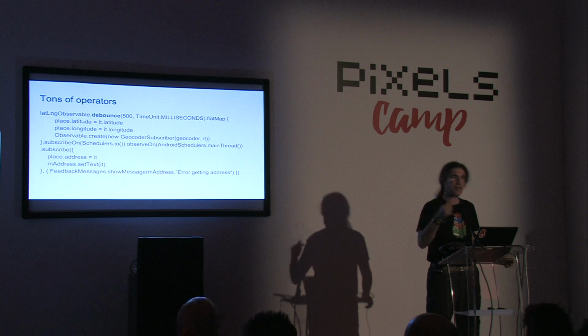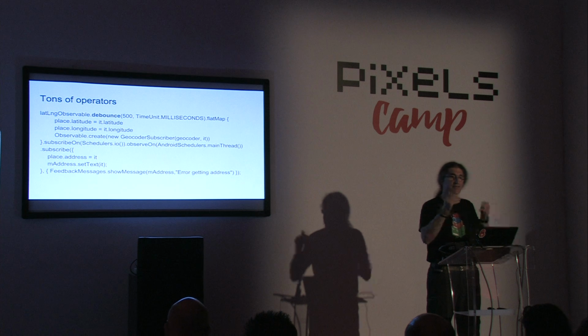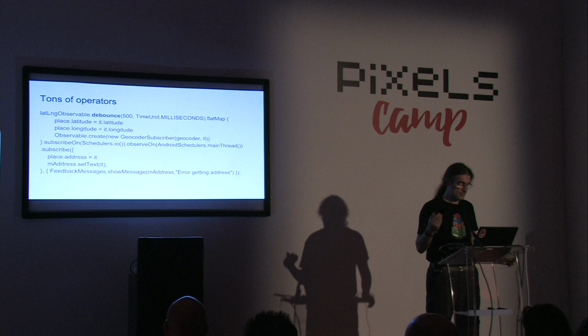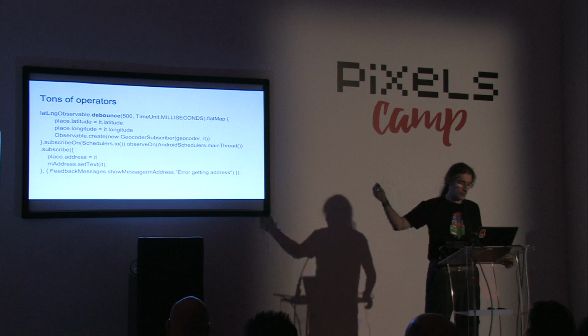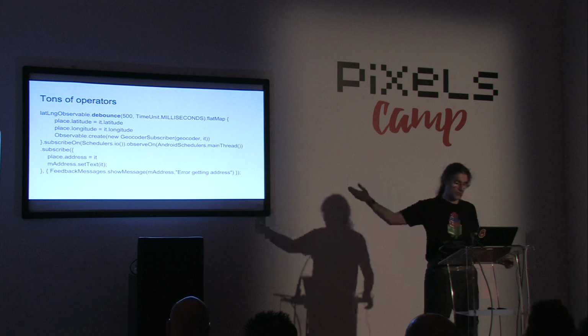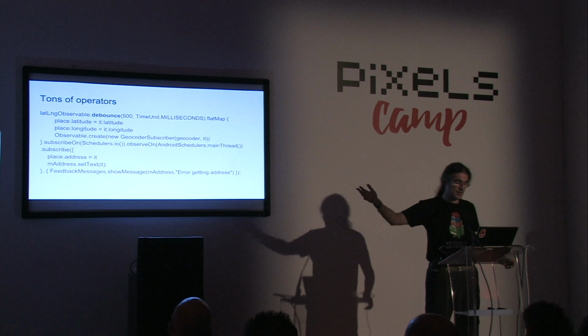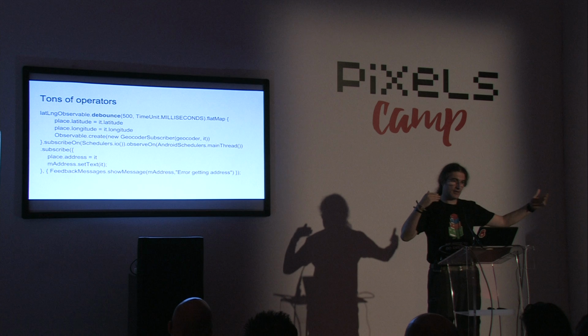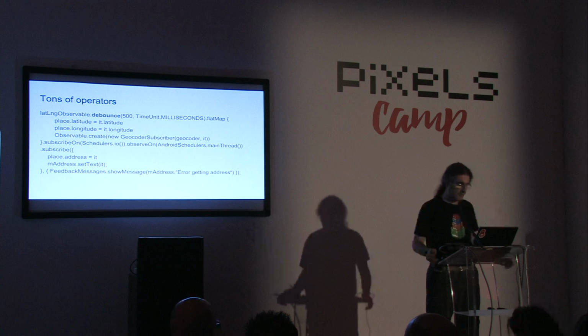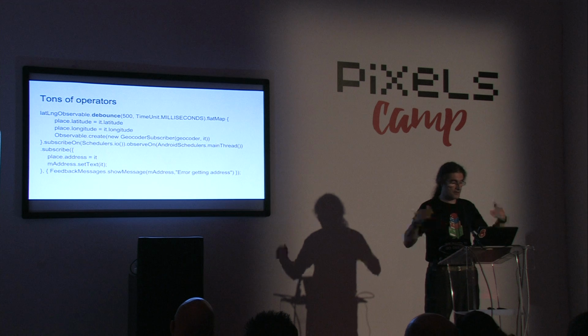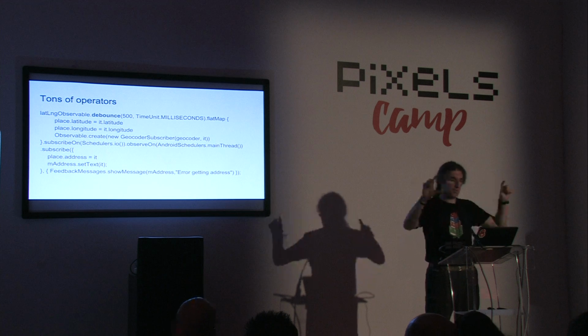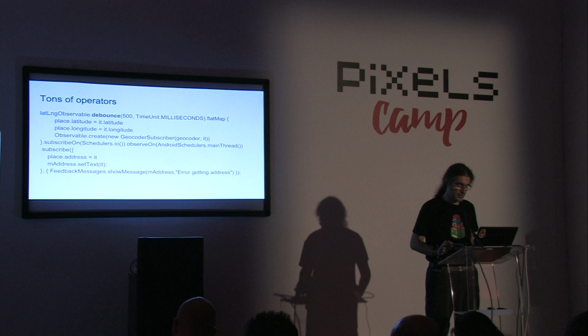And when at least 500 milliseconds have passed since the last one, then I get an event. And then you have the usual subscribe on and observe on to deal with the Android background thread and main thread thing. And on the subscribe method, I set the text with the address.